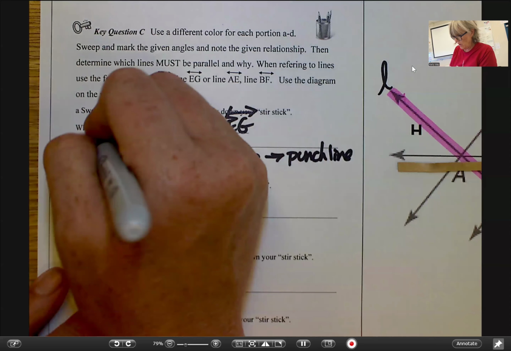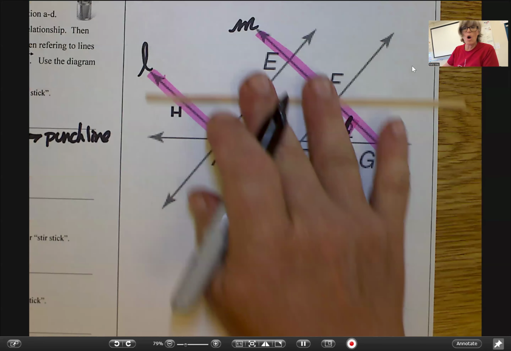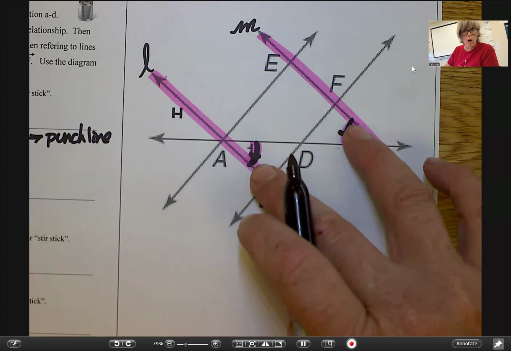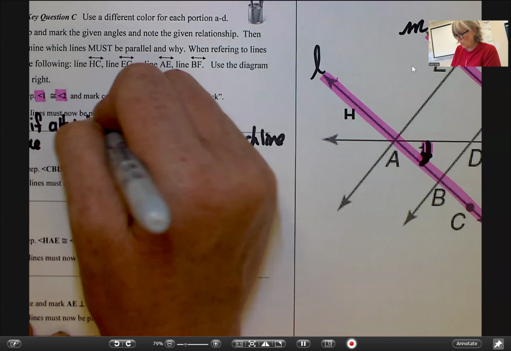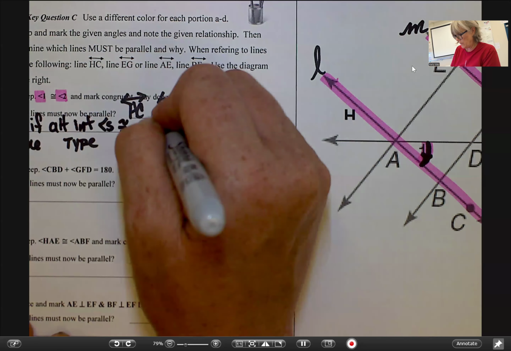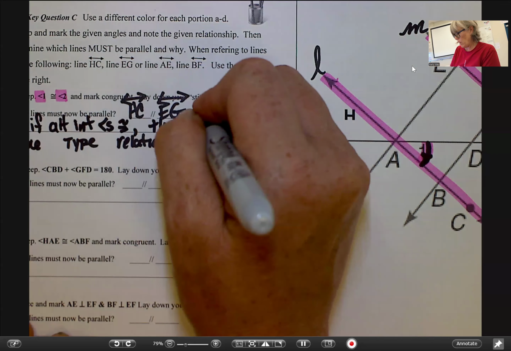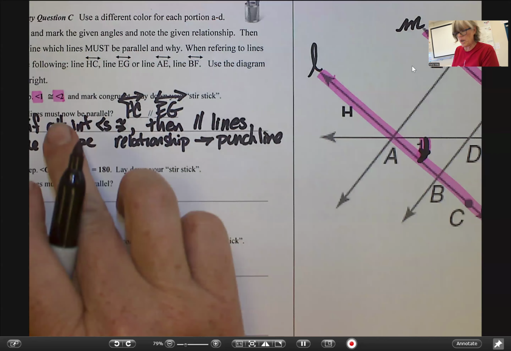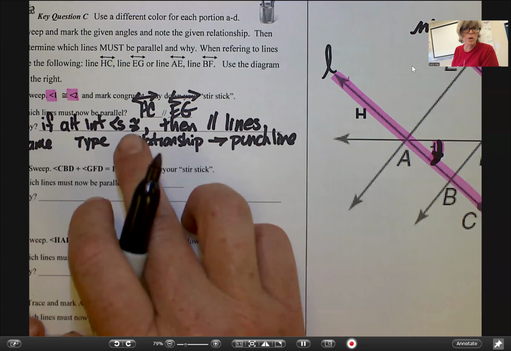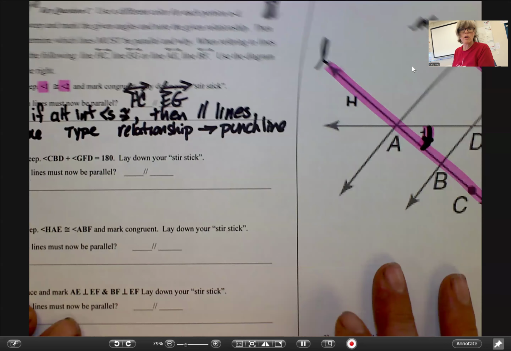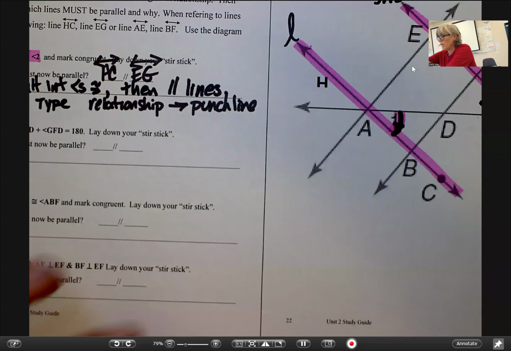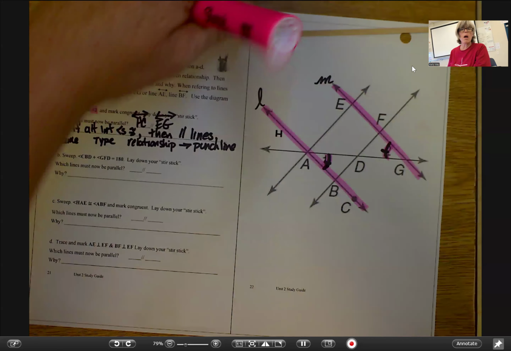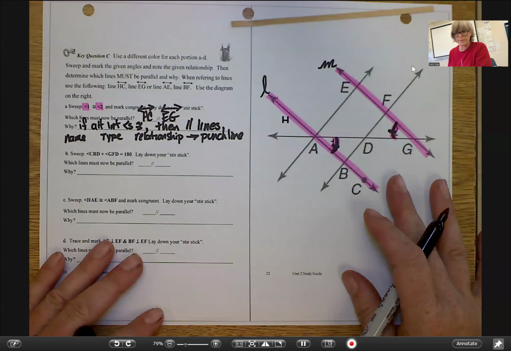Because if alternate interior angles are congruent, comma, then you have parallel lines. Name and type, alternate interior, relationship, congruent, then the lines are parallel. So that is an example of one of the 4.